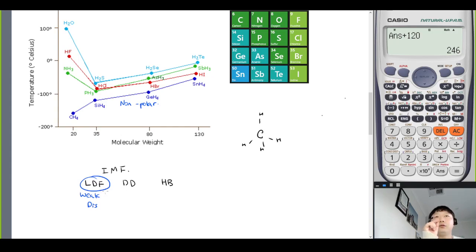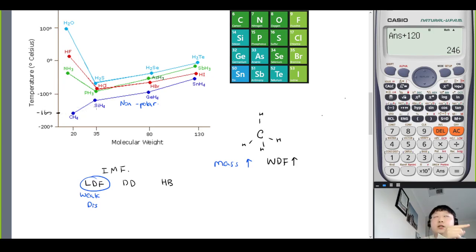But have you learned the fact that weak dispersion force increases as the mass increases? So as the mass increases, weak dispersion force increases also. So do you see how the boiling point of methane, CH4, is like negative 160, right?